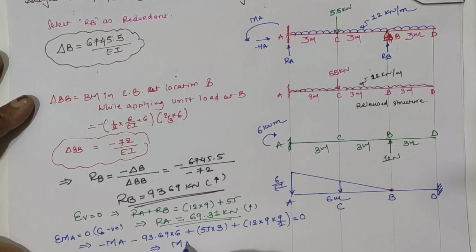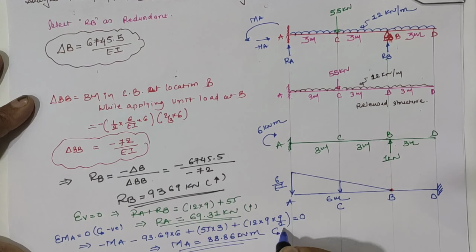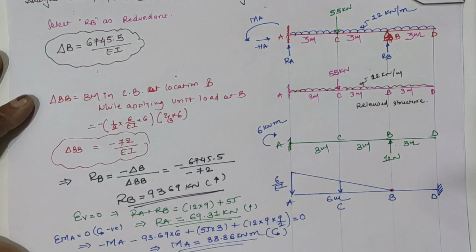Hence the moment at A is 88.86 kilonewton meter, and the value is positive. It means our assumed direction as anticlockwise is true.